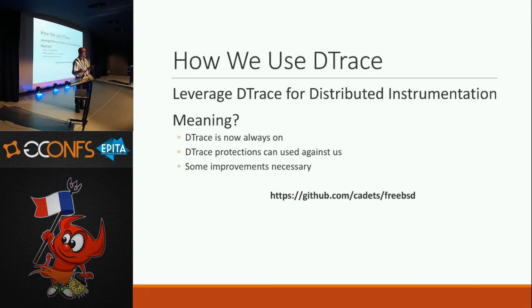So in our project, we call this always on tracing. There are some side effects to that relate to doing security work, which I won't go into in depth, but it does mean that there are parts of DTrace that can be exploited by an attacker against us. We have to worry about that.